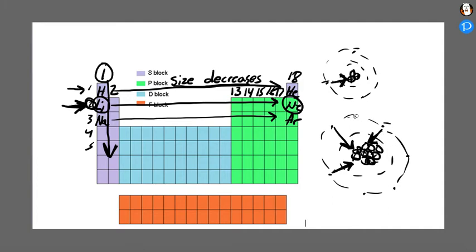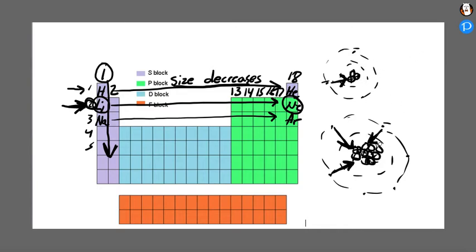2 energy levels for electrons, the same distance here, but because this has more of a pull, it pulls these electrons a little bit closer, and so therefore the size of this atom is actually smaller. I didn't draw it to scale, because this one should actually be drawn a little bit bigger.